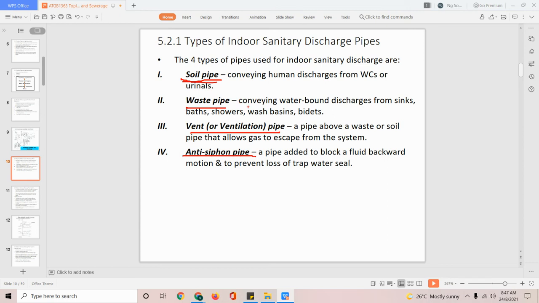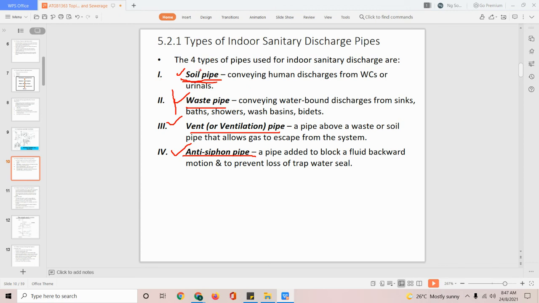So they are embedded inside your building or behind your wall. Know that this is there, because if not, how does your water or your wastewater flow out from your building?